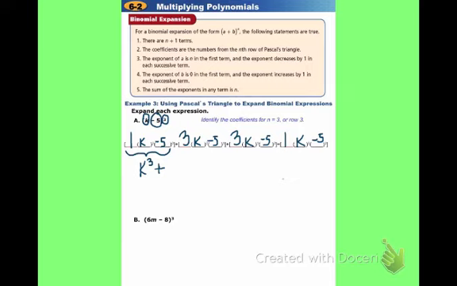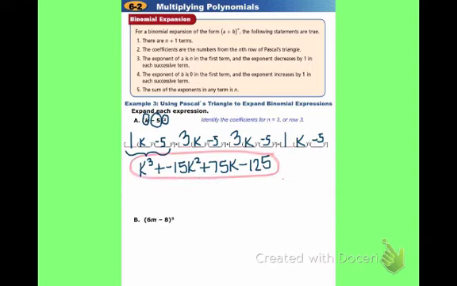Negative 5 times 3 is negative 15, and then k squared. The next one is 3 times k to the first times negative 5 squared. Negative 5 squared is 25 times 3 is 75, so it's 75k to the first. And then the final term is 1 times k to the 0, which is also 1, and then negative 5 to the third. And that gives me a negative 125.